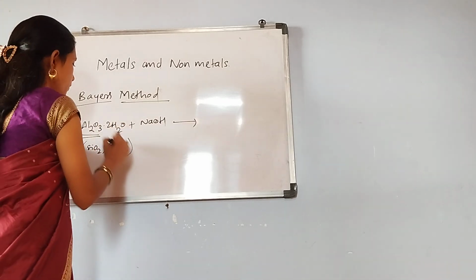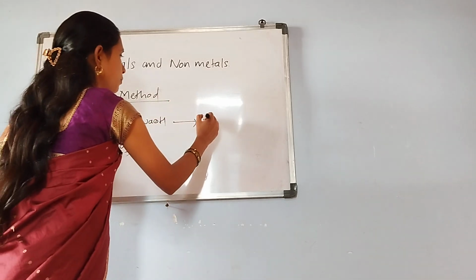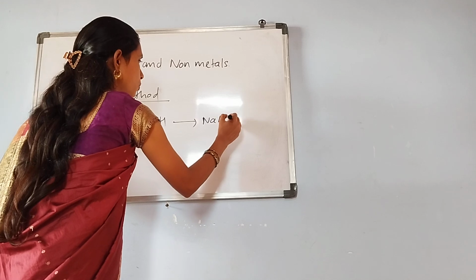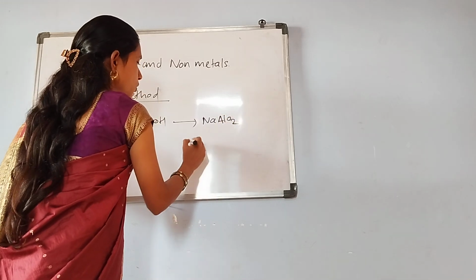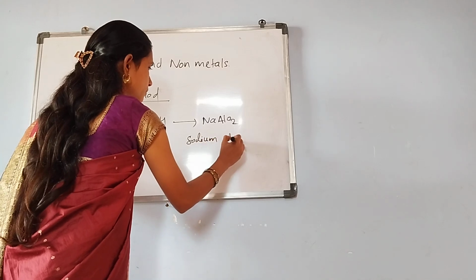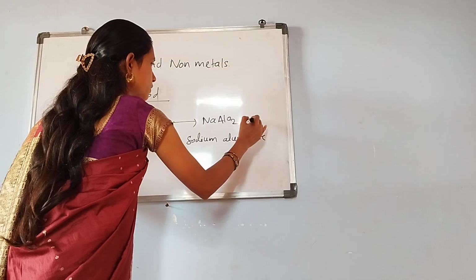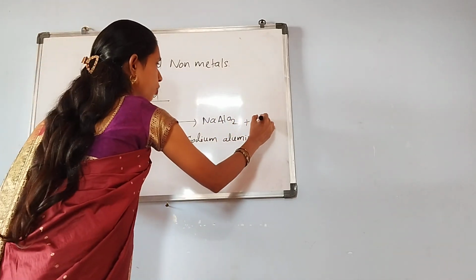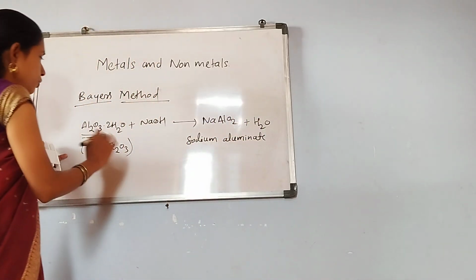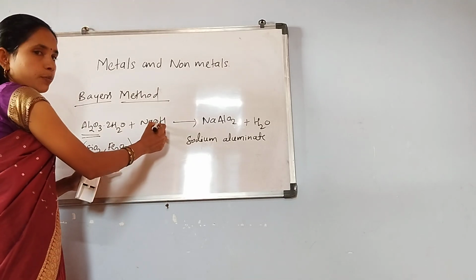Now if this bauxite is reacting with the sodium hydroxide, it forms a compound NaAlO2. This is called sodium aluminate, plus which compound are we getting here? Water. And we know this Fe2O3 is also a base, so a base is not reacting with a base.